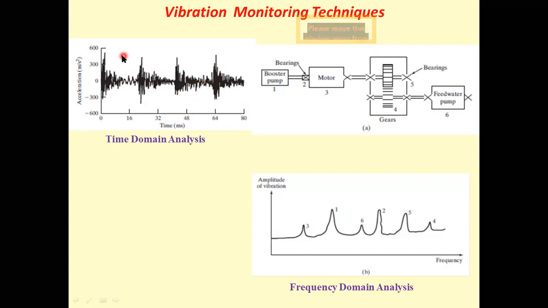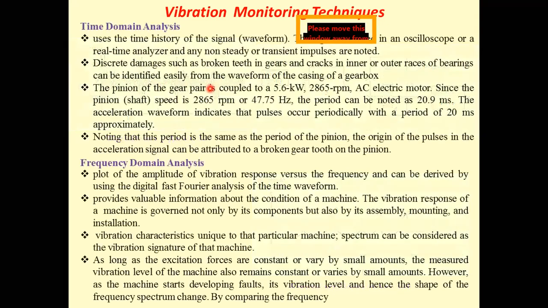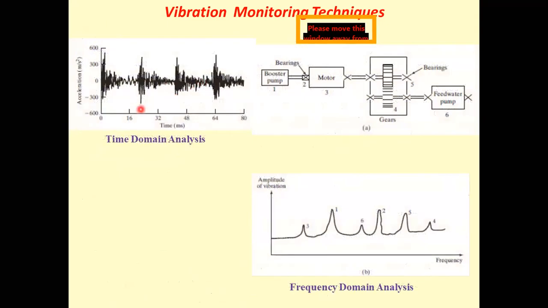So this is one example showing the acceleration signal of a single stage gearbox. The pinion of the gear pair is coupled to a 5.6 kilowatt, 2865 rpm electric motor. Since the pinion shaft speed is 2865 rpm, in hertz or rps it is 47.75 hertz.